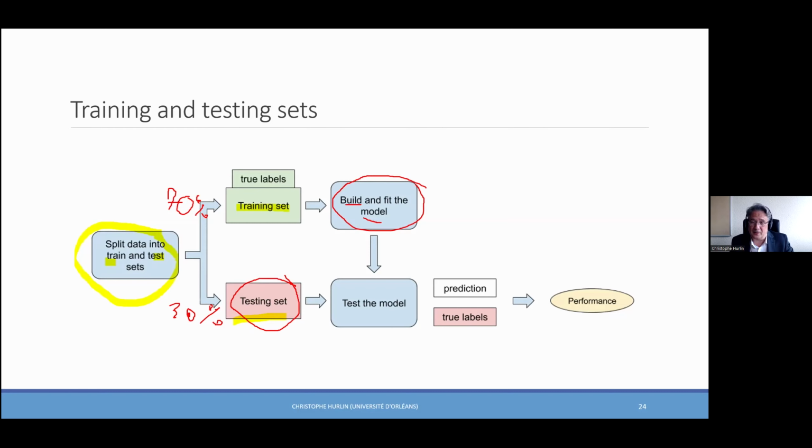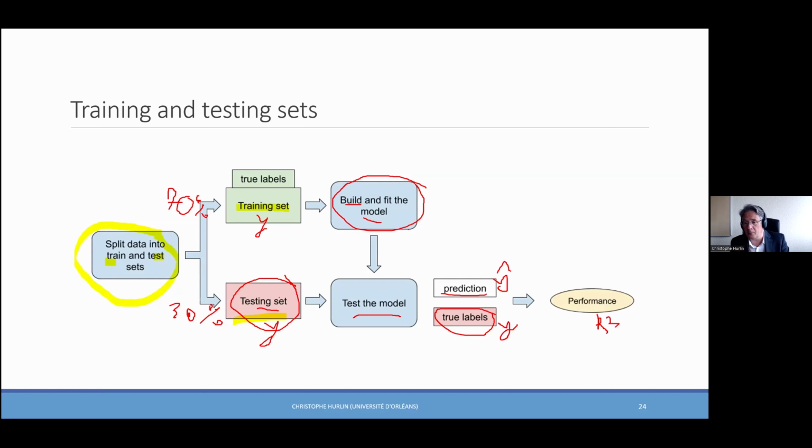Then you will test or assess the validity of your model by producing some predictions on the test set using this model, and you will compare these predictions to the true labels, to the true y. So you have the prediction y hat, and you have the true label y, because on the test set you observe y. You compare y hat to y to evaluate the performance.